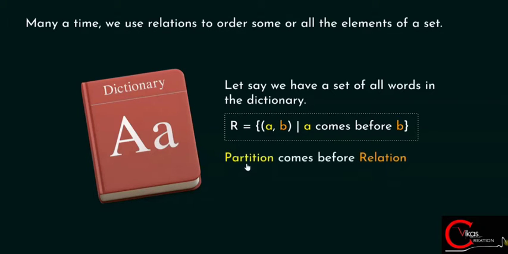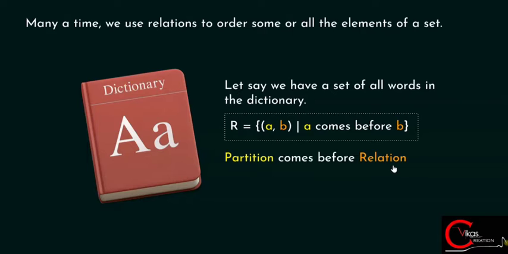Isn't that so? Here you can see the example. We know that this word partition comes before this word relation. Why is that so? We can see the first letter of these two words and compare them. You can see that here we have P and here we have R. We know that P comes before R, therefore partition comes before relation.